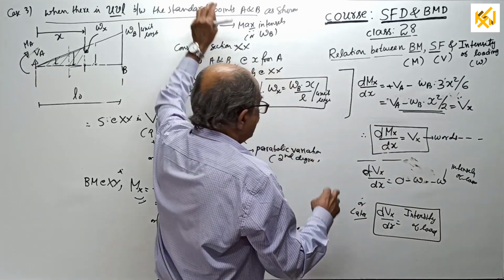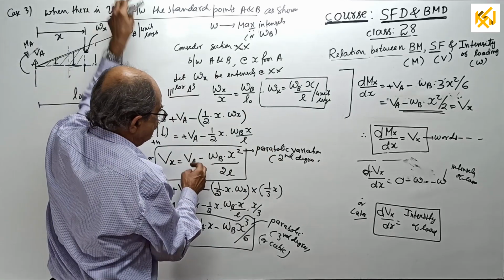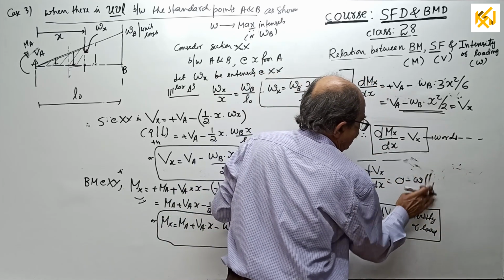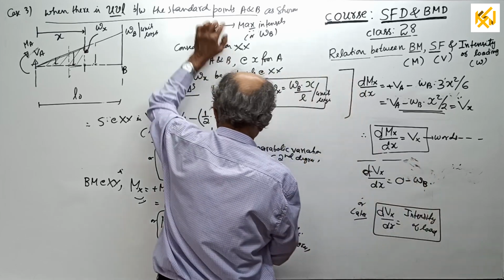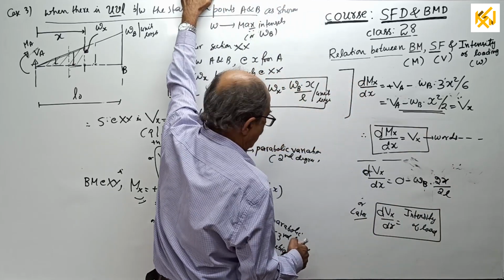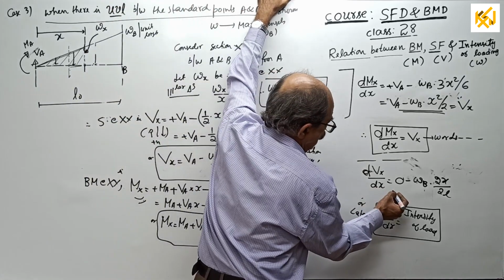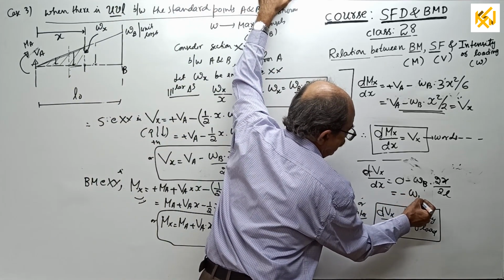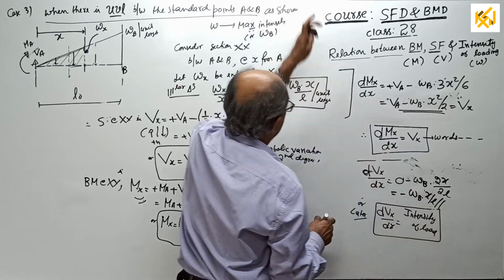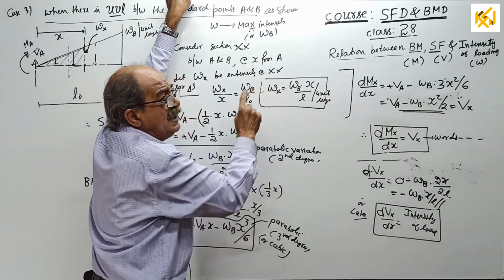Now, lastly, rate of change of shear force. Differentiate Vx with respect to x. 0 minus WB into x square becomes 2x divided by 2L, so WB into 2x divided by 2L will be equal to minus WB into x by L. See correctly here, WB into x by L is the intensity at XX.